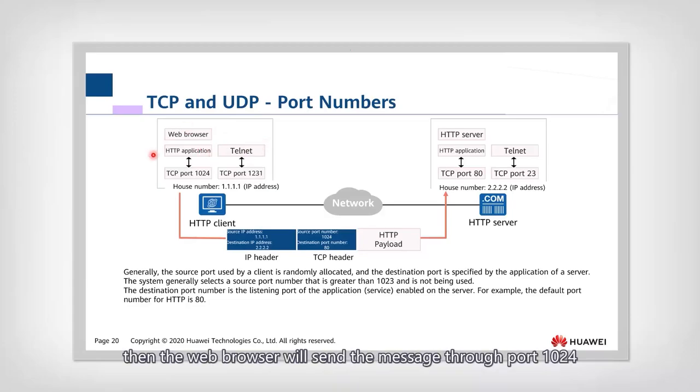The web browser will send messages through port 1024, and telnet may send messages from port 1231. So different applications use different ports to send messages. At the receiver end, it is then very easy to deliver the message to the correct application according to the port. That is the port number.